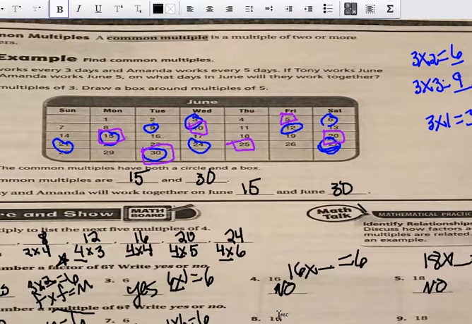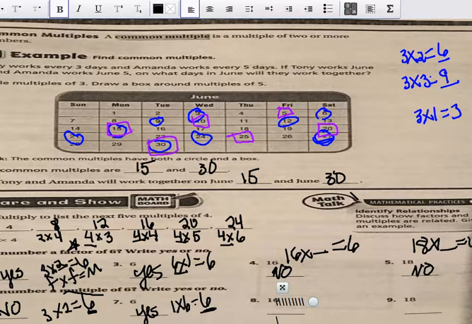16, no. Whoops, whoa. Okay, 16 would be a no. Once I get my stuff working here.